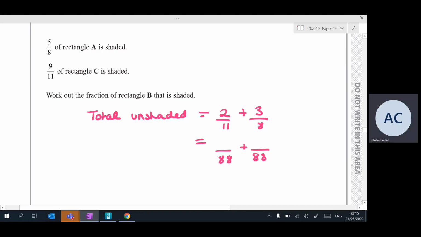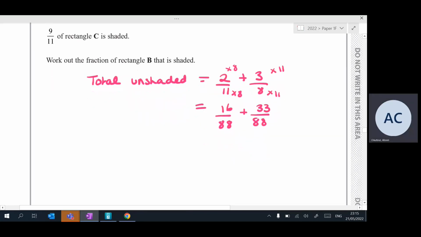Okay, so both of these go into 88. So I'm going to multiply the second fraction by 11 and my first fraction by 8. If I add those together, I've got 49 out of 88.